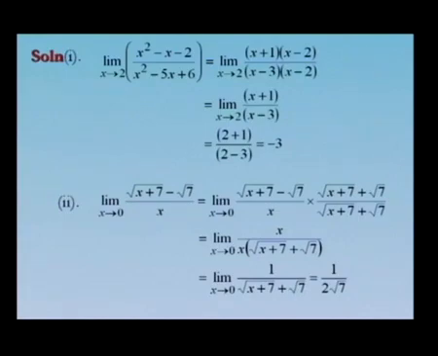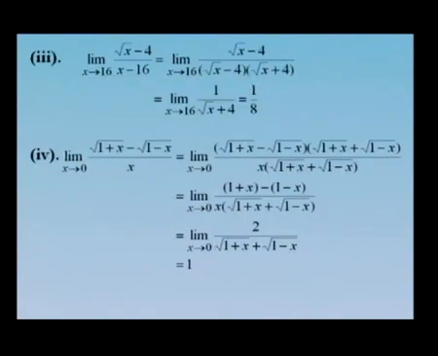So we rationalize this and we get limit x tends to 0, x upon x times (square root of x plus 7 plus square root of 7). x cancels x, so it is equal to limit x tends to 0, 1 upon (square root of x plus 7 plus square root of 7), and now we can substitute x equals 0, so we get 1 upon 2 square root of 7, which is the required limit.